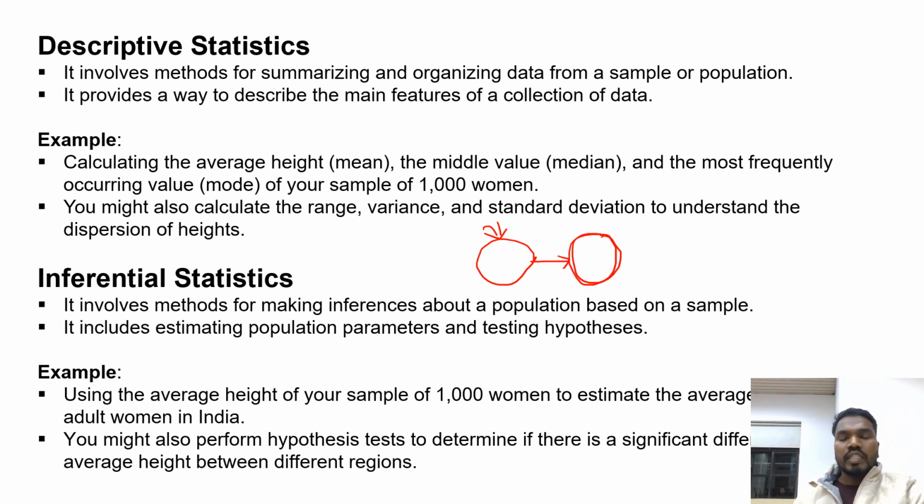So they are concluding decisions for this larger group based on the smaller one. That is called inferential statistics. Clear? If you consider this example, as I said when defining population and sample, it is a similar kind of thing. So these are the two types of statistics.